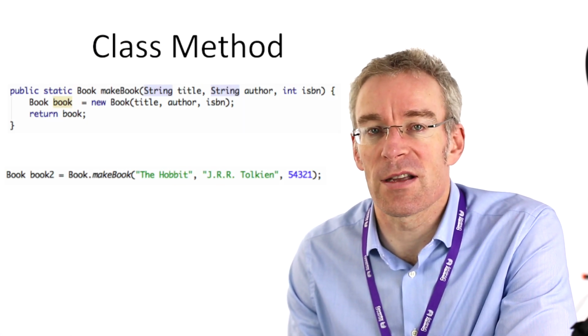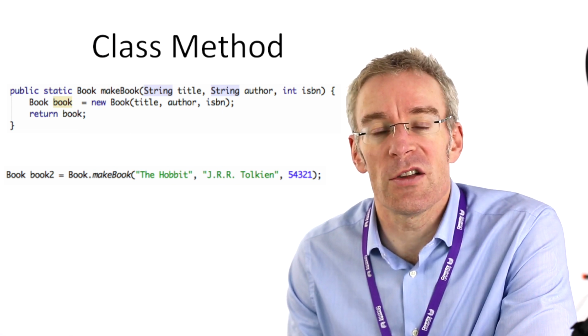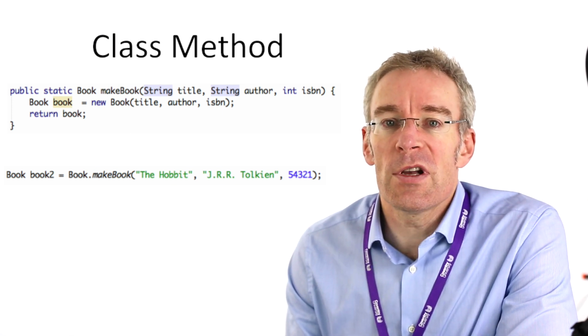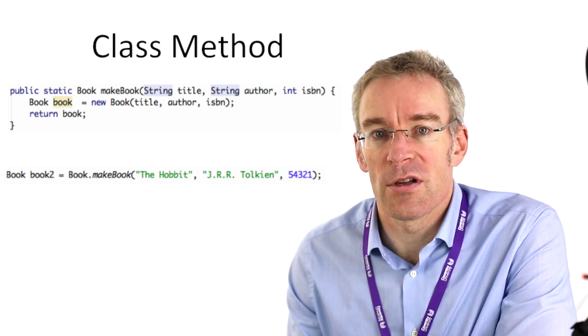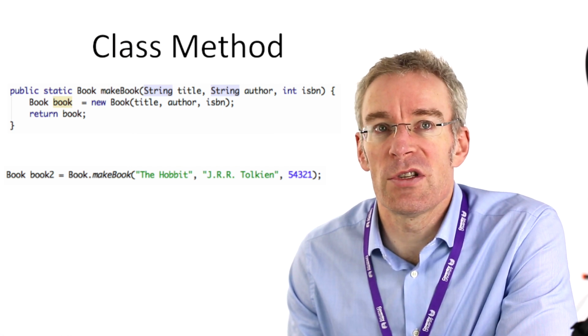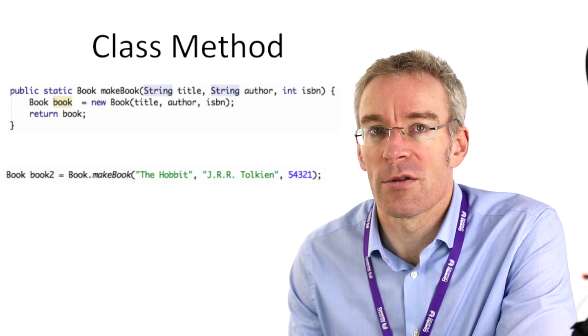If you look at the class method syntax, you can see I've added a static keyword, which makes it a class method. My class method is going to return a book object, and the method is called makeBook.